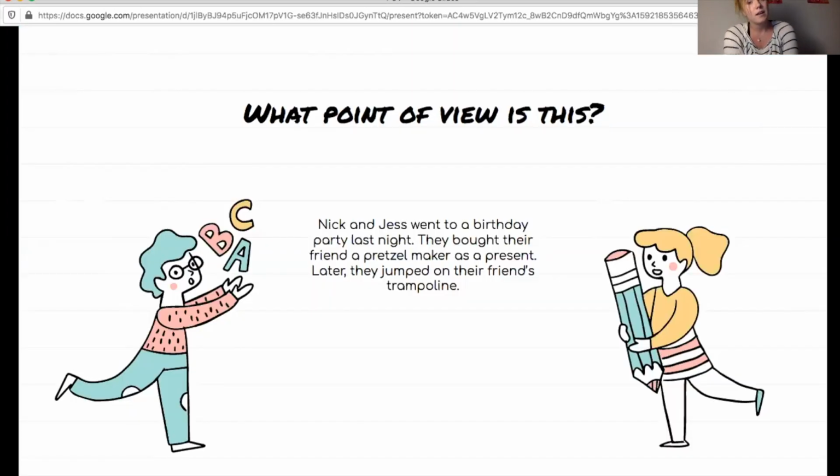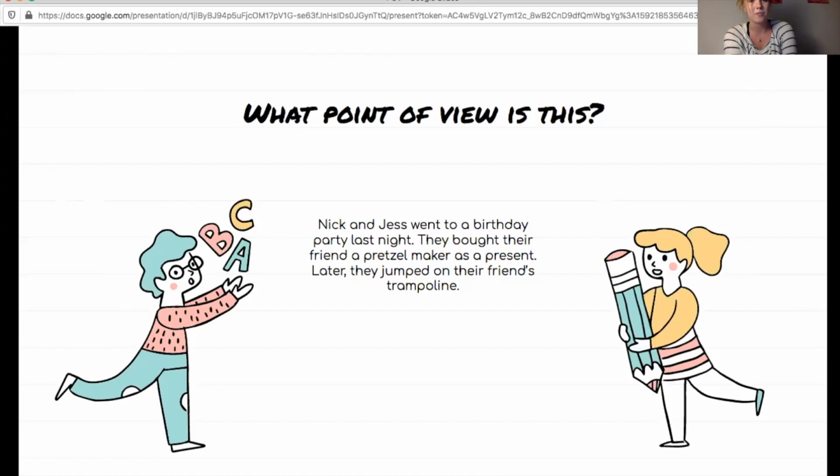Okay. What point of view is this? This one says, Nick and Jess went to a birthday party last night. They bought their friend a pretzel maker as a present. Yum, what a good present. Later, they jumped on their friend's trampoline. Let's look for those keywords. Do we see an I? No, I don't see an I anywhere.